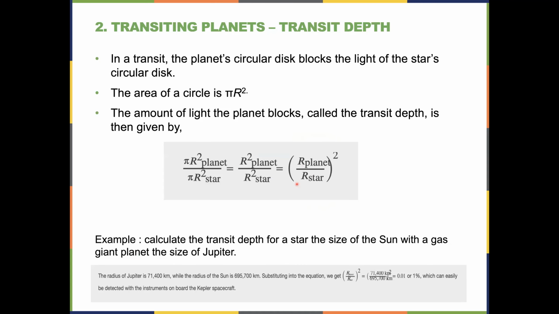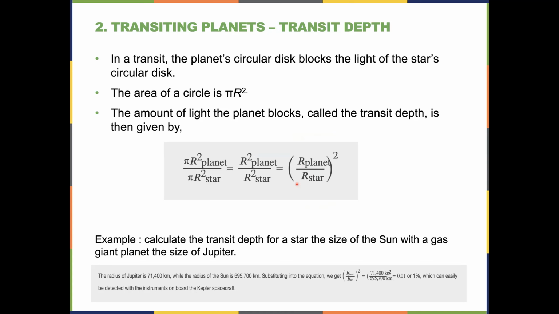And we can use this to calculate something called transit depth, when you are looking at these transiting planets to discover planets. So what actually happens is, in a transit, the planet's circular disk blocks the light of the star's circular disk, right?